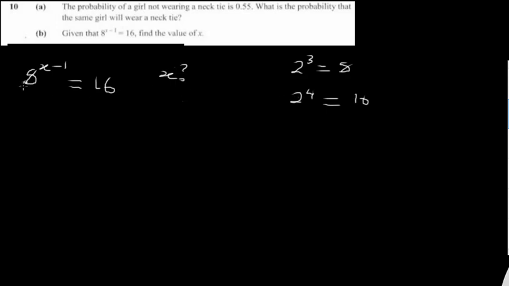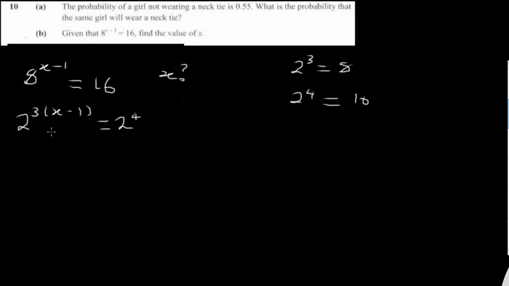So we would then have 2 to the power 3, but then we also have x minus 1, so (2^3) to the power of (x minus 1), right? And this is equal to 16, which would have to be 2 to the power 4.